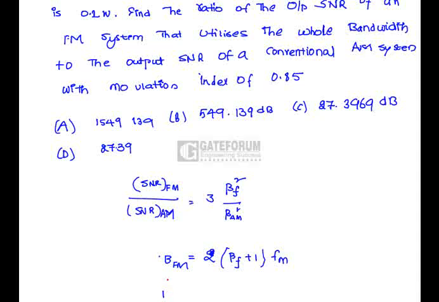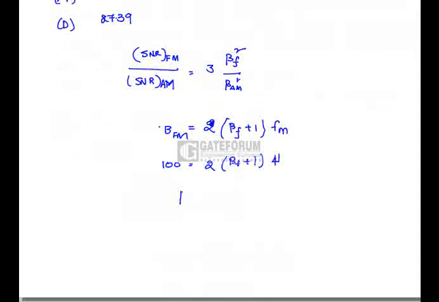Here the channel bandwidth is given as 100 kHz, so 2 into (beta f plus 1) into 4. From this we get beta f as 11.5. We know the modulation index of amplitude, beta am, equals 0.85.